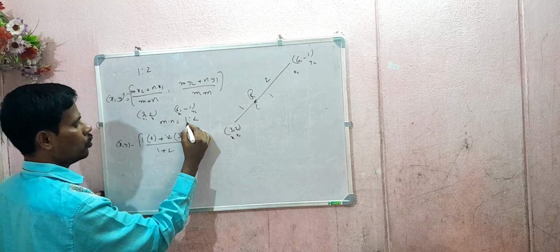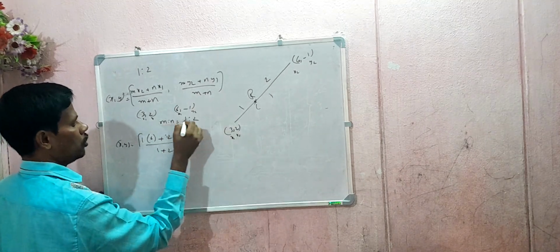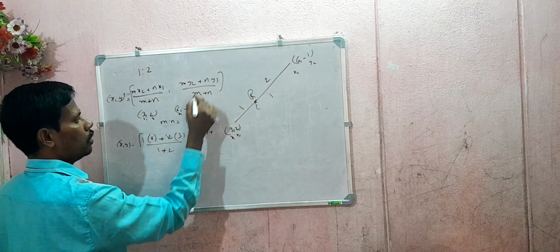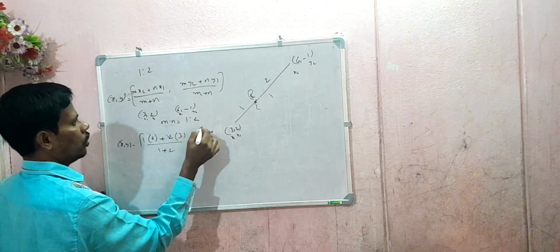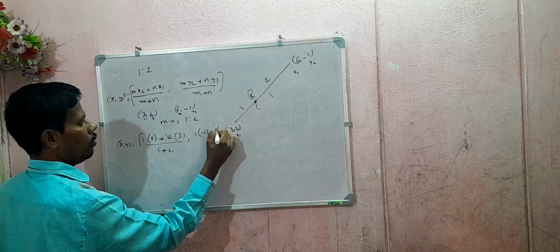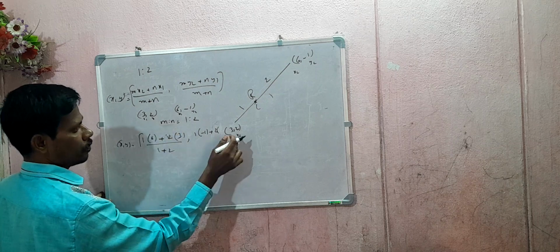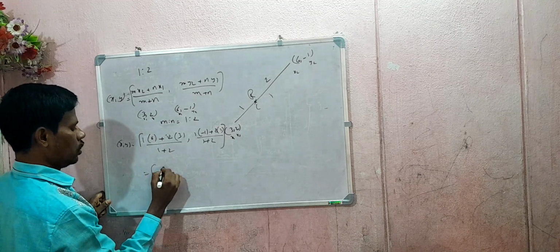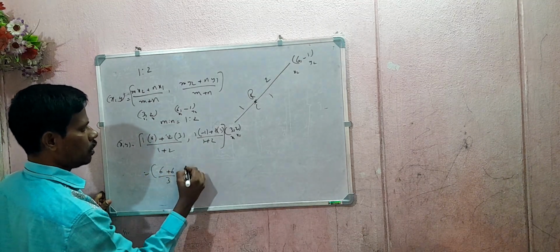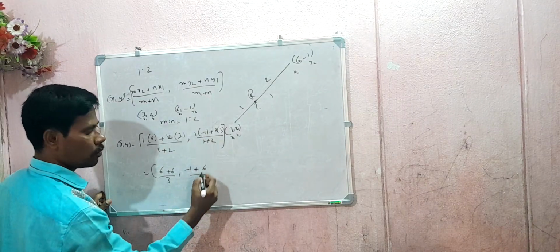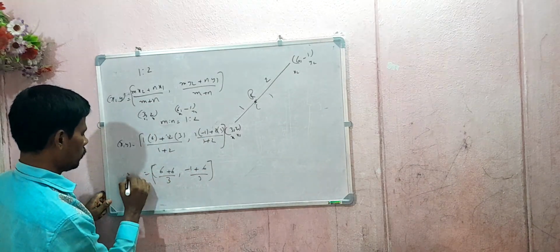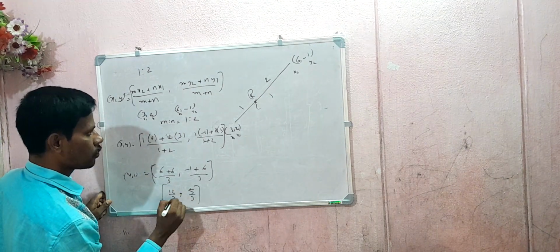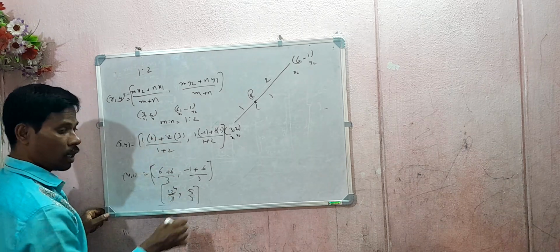Next m y2: m is the ratio given, 1, y2 is minus 1 plus n, which is 2, y1 is what? 3 by m plus 2. 6 plus 6 by 3 comma minus 1 plus 6 by, this one calculation. 6 plus 6 is 12 by 3 comma 5 by 3. 4 comma 5 by 3.